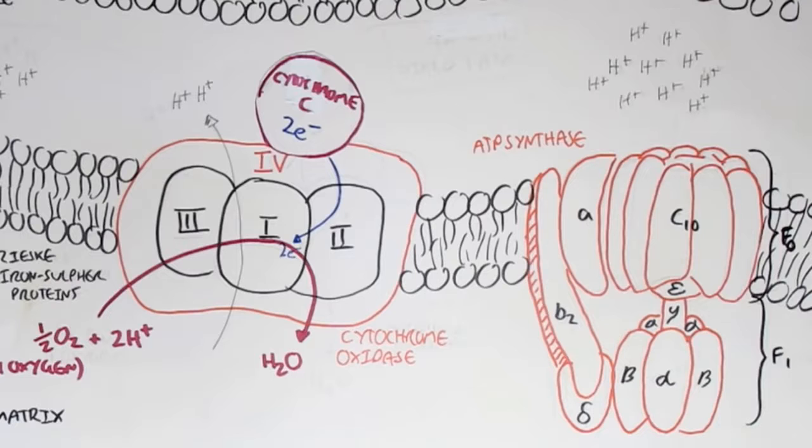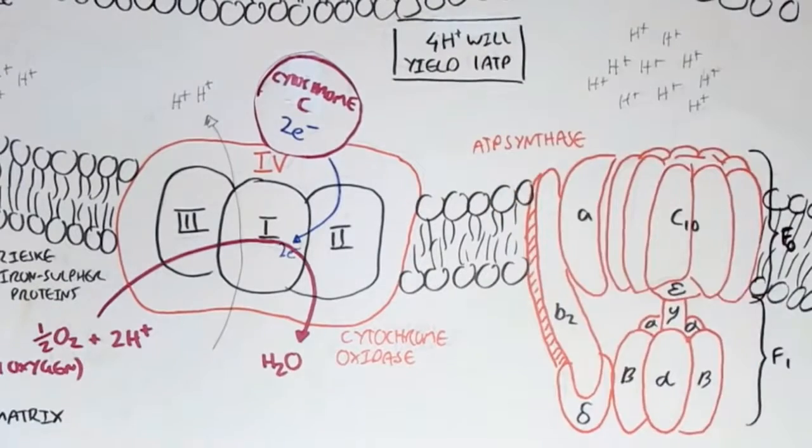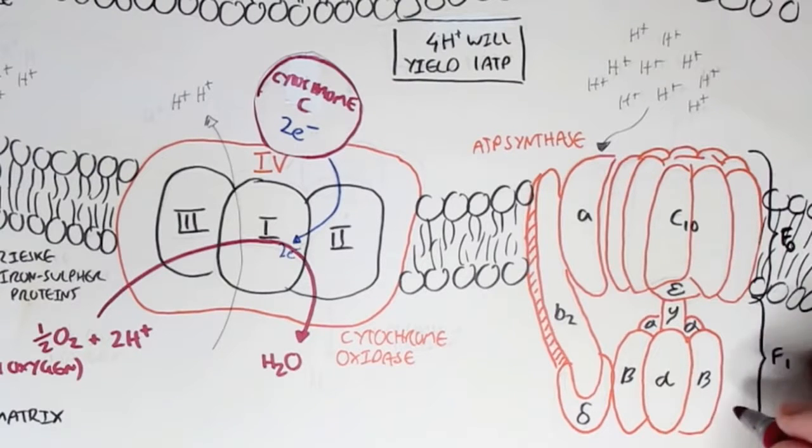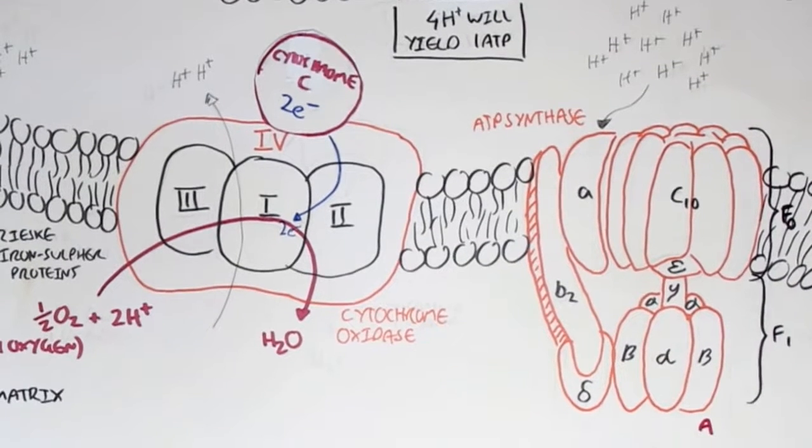Now, all these different subunits we don't actually have to memorize, we just have to know their functions. So ATP synthase will make ATP when hydrogen ions pass through this complex. And it's actually 4 hydrogen ions that have to pass through to make 1 ATP. Now, to make ATP, there are many ADPs, adenosine diphosphate, and inorganic phosphates inside the matrix, right?